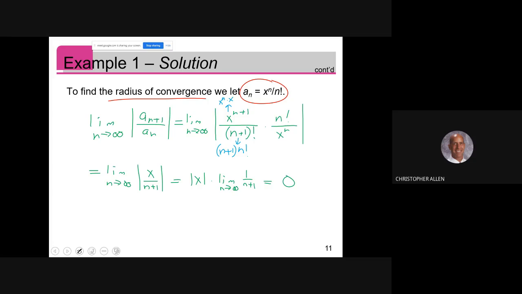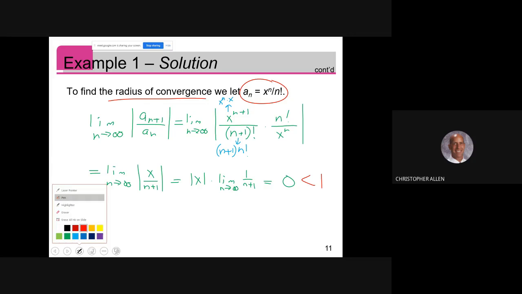It's 0. For which real numbers? All of them. And by the way, 0 is what with regard to 1? Less than 1, right? 0 is less than 1. This is less than 1.